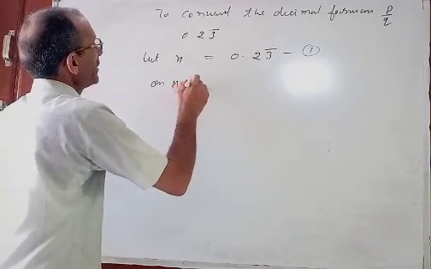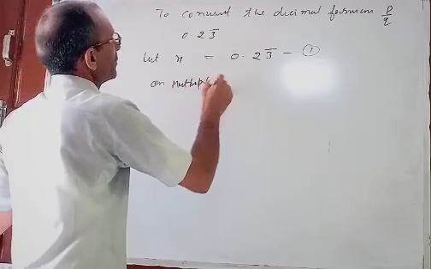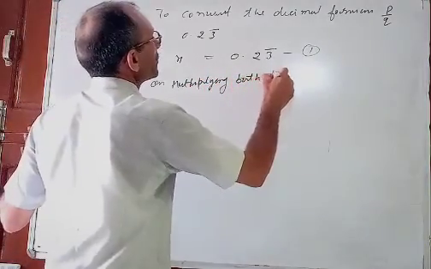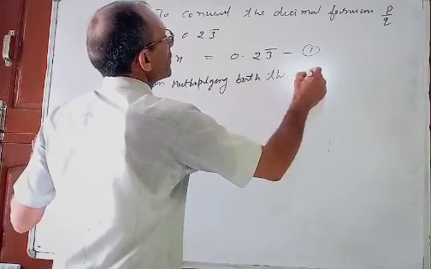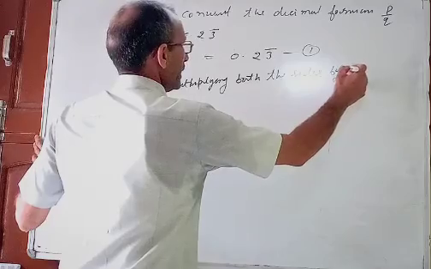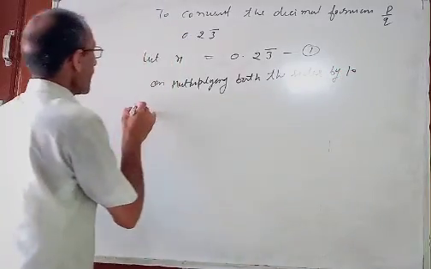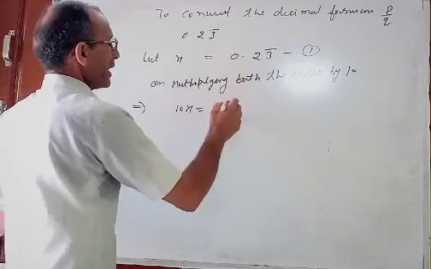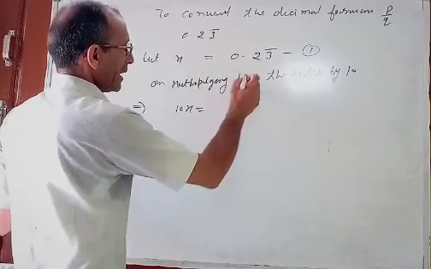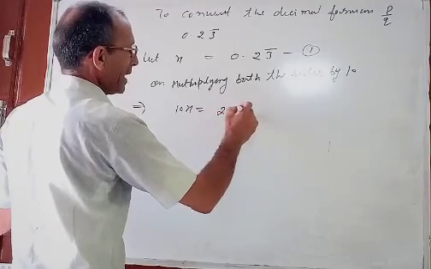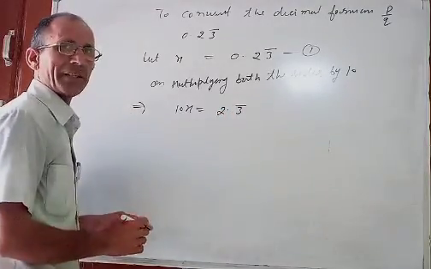On multiplying both the sides by 10, we get 10x. If I multiply by 10, 2 will shift this side and here will be 3 bar.